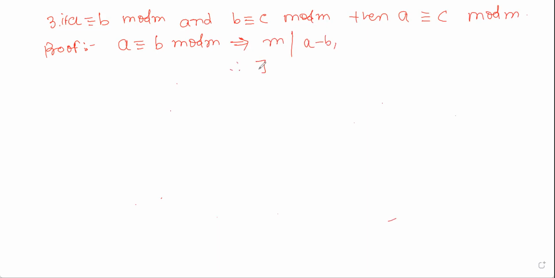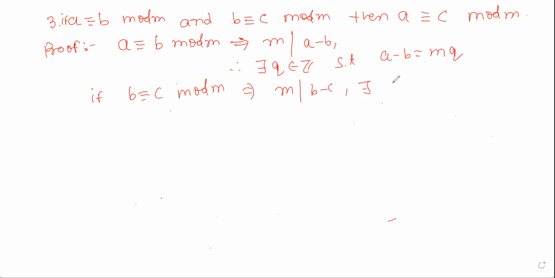Therefore, there exists Q in integers such that A minus B equals MQ, and similarly, if B is congruent to C modulo M, this implies M divides B minus C, and there exists Q dash in integers such that B minus C equals MQ dash.